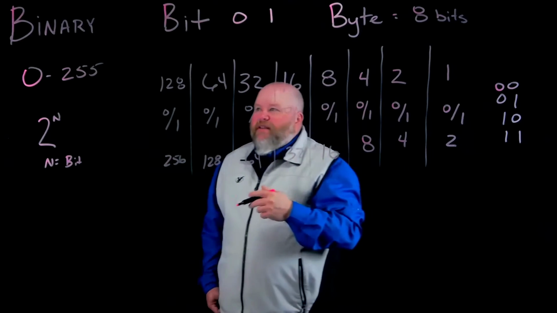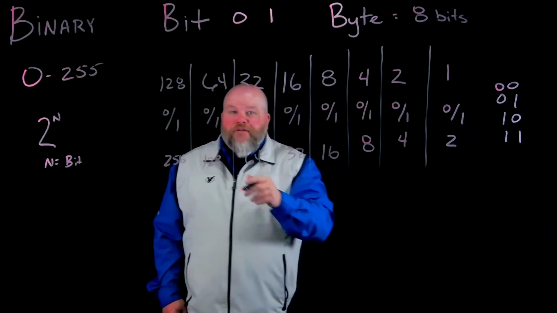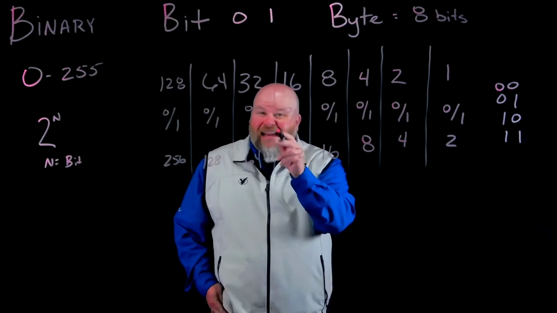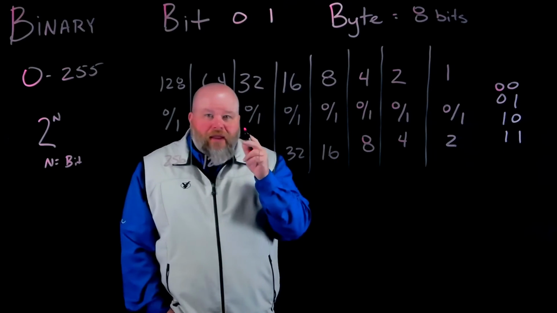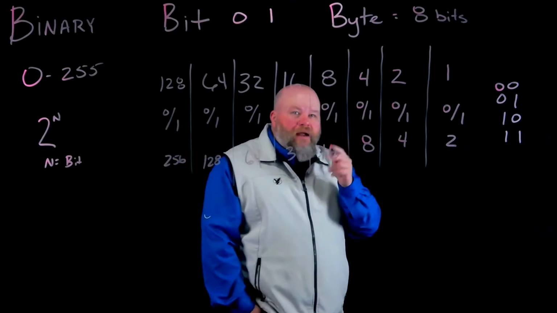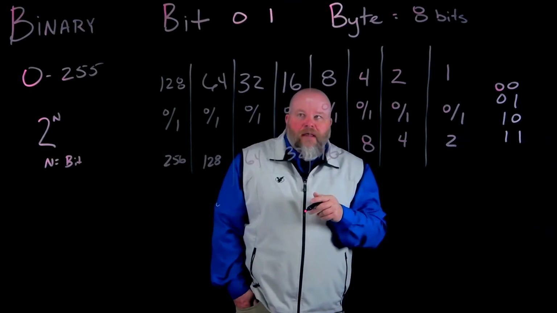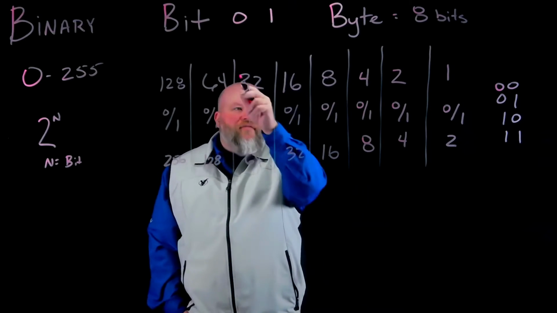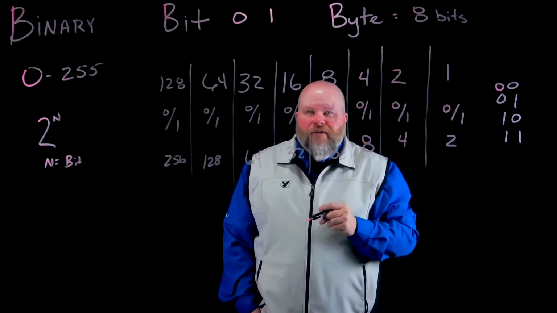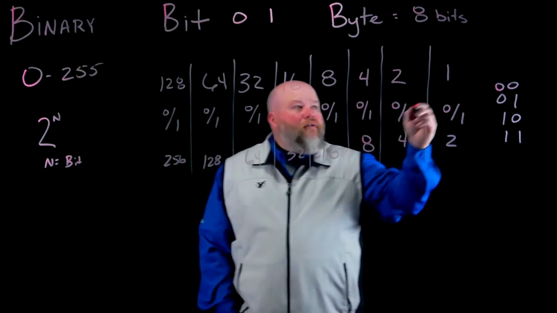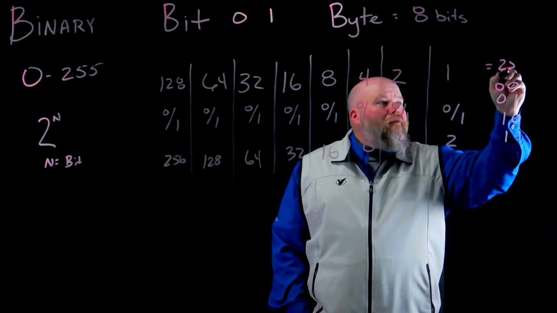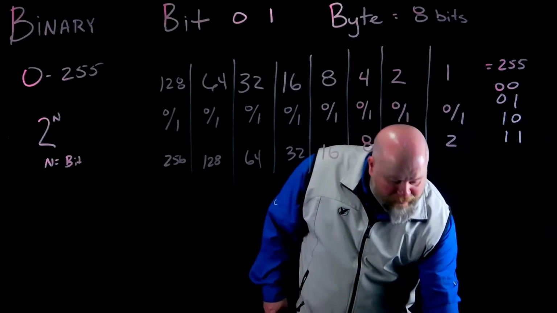Now, everybody says, well, you said there's 256 values. I did. In computers, in binary, 0 is a value you have to consider. If we add up all of these binary values together, we will get a total of 255.